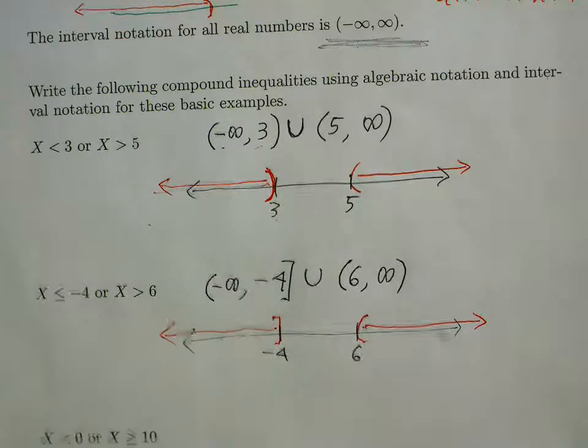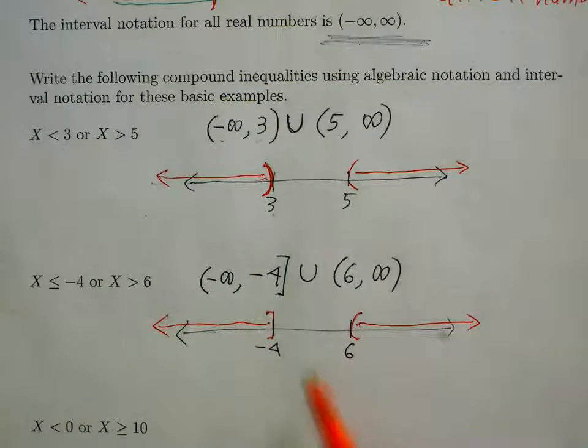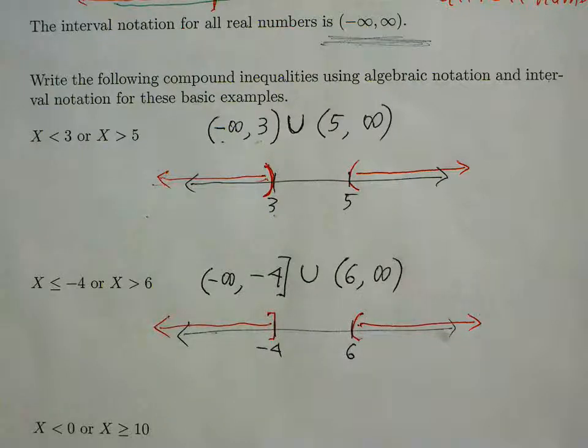So just note the numbers that are not in the set. For this one, x is less than or equal to negative 4, or x is greater than 6. The numbers between negative 4 and 6 are not in that set.